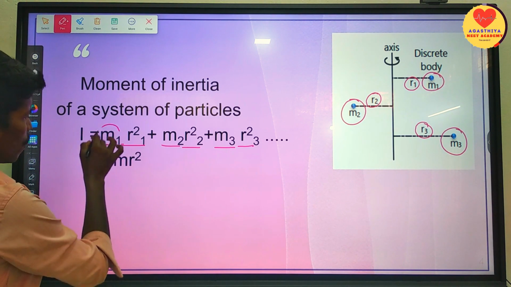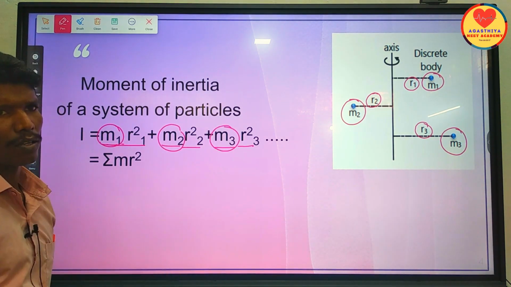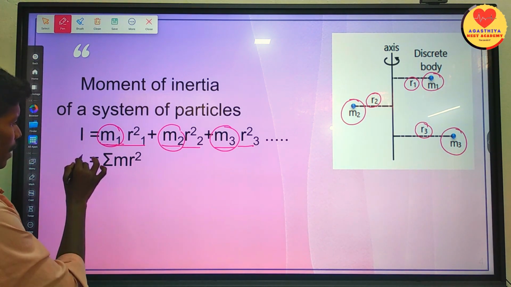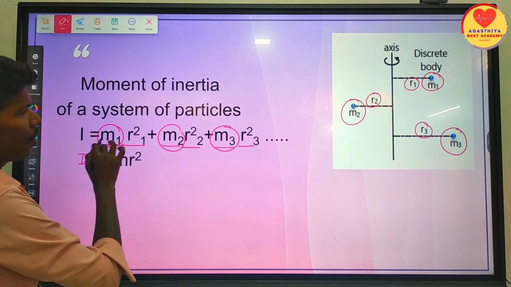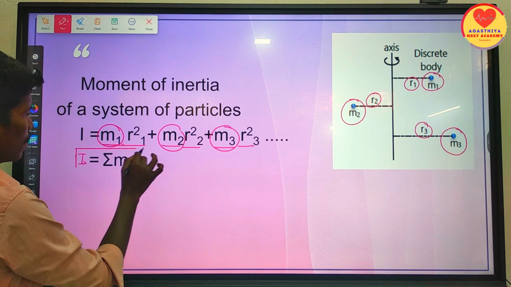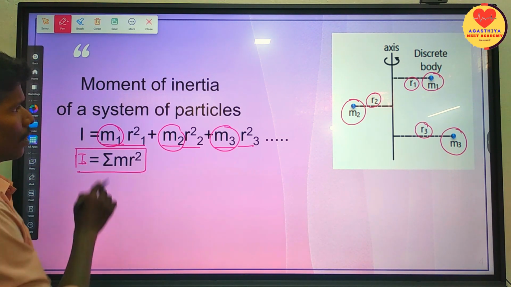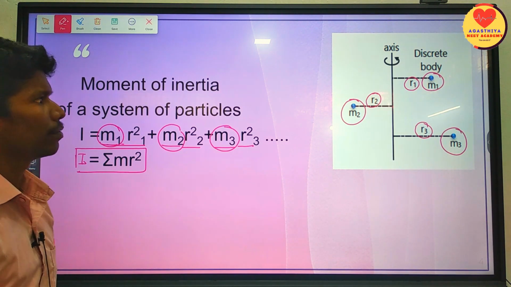Here M1 plus M2 plus M3 is the addition of masses, simply we can write summation M. So I equals summation M R square. This is the moment of inertia of the system of particles.